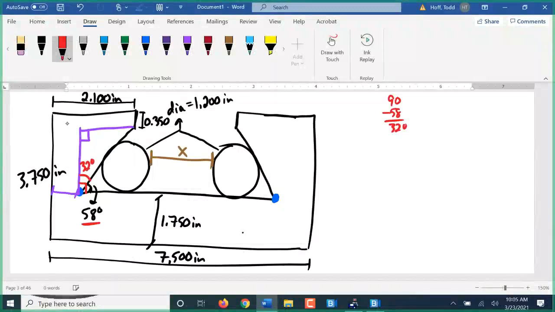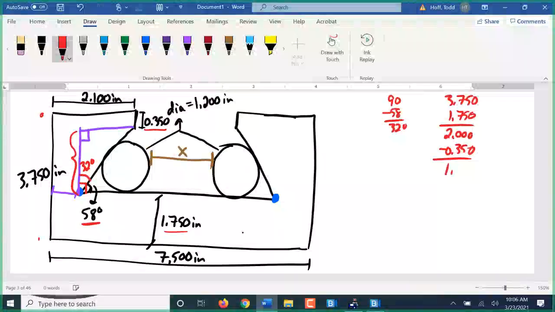I can also find this dimension here because I have the whole length here of the 3.75. I would subtract the 1.75 here. That puts me at 2 inches right now. And the 0.35 up here puts me at 1.65 inches is that dimension.